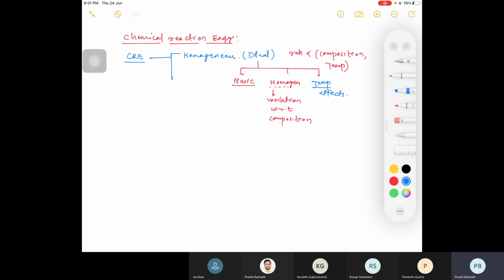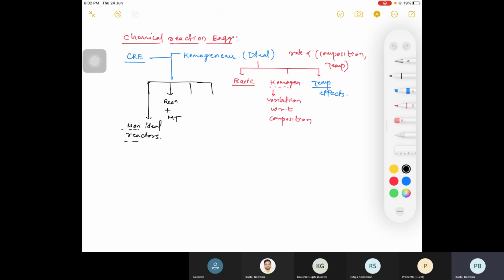Now CRE2 basically consists of, I'll write step by step here, but first that is your non-ideal portion. Non-ideal reactors. Second portion will be your reaction plus mass transfer.